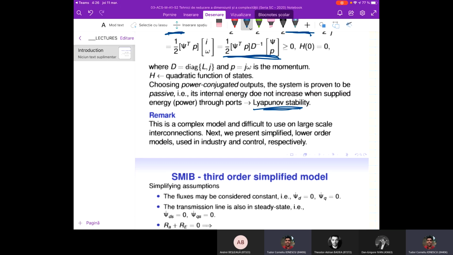Like I said, this is a complex model, difficult to use on large-scale interconnections. So imagine such a model interconnected in hundreds or thousands of connections for a power grid.